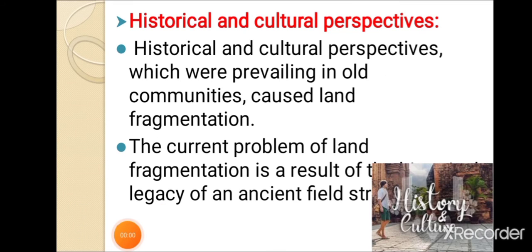After land market, next point is historical and cultural perspective. So the historical and cultural perspective which was prevailing in old communities caused the land fragmentation. The current problem of land fragmentation is the result of the historical legacy of ancient field structure.